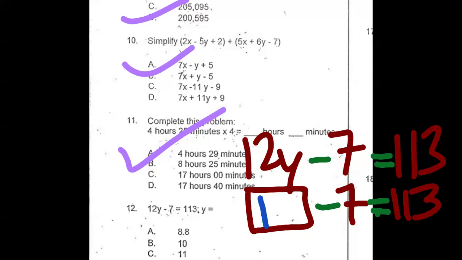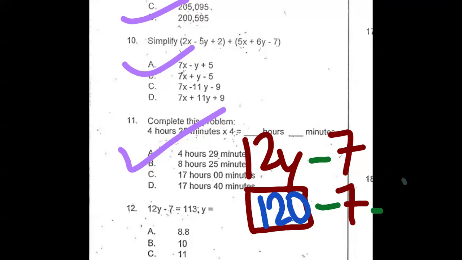Because if I take 7 from 120, that's going to be equal to 113. So with that said, I can ignore the 113 and the 7s on that. Therefore, it means that 12y is equal to 120.